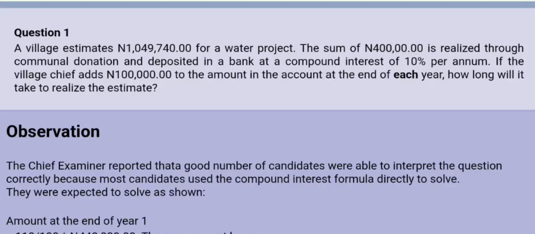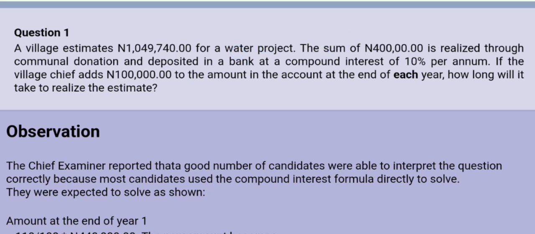So let's solve this question. The question says a village estimated 1,449,740 for a water project.